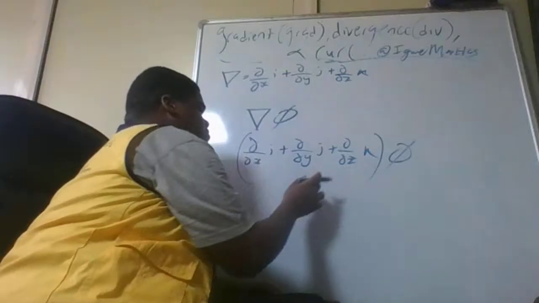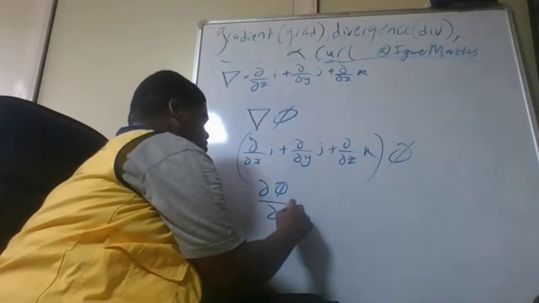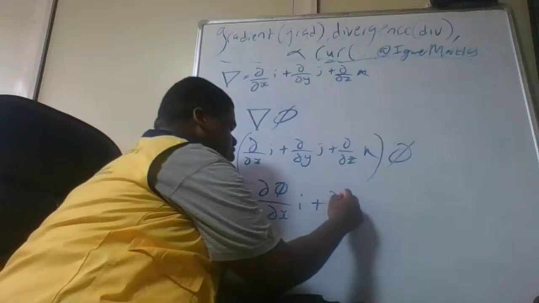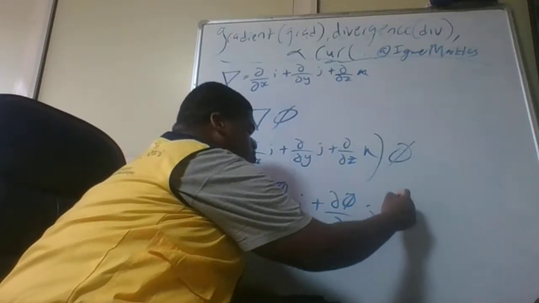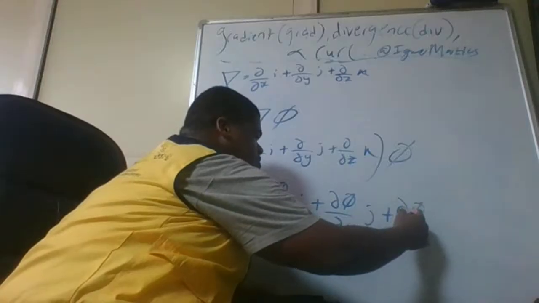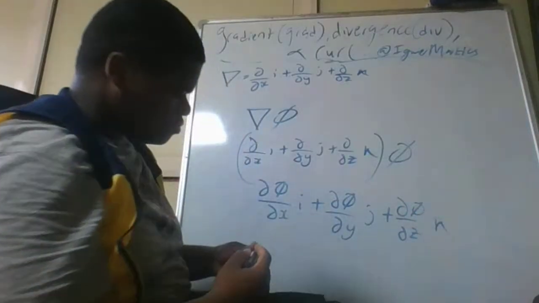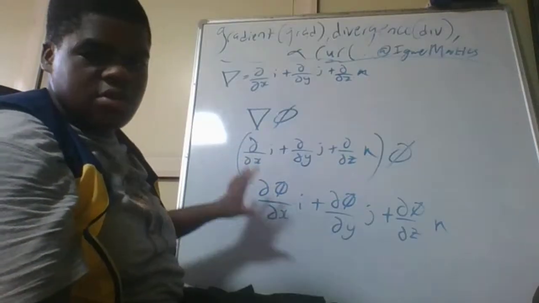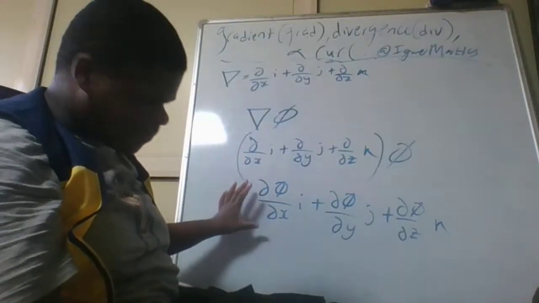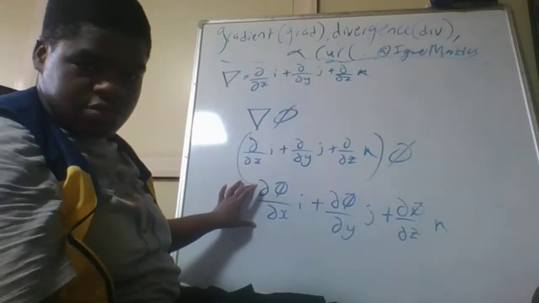If you open this bracket, you have the partial derivative of phi with respect to x i plus the partial derivative of phi with respect to y j plus the partial derivative of phi with respect to z k. This is going to be your mathematical way of representing the gradient of a scalar field.